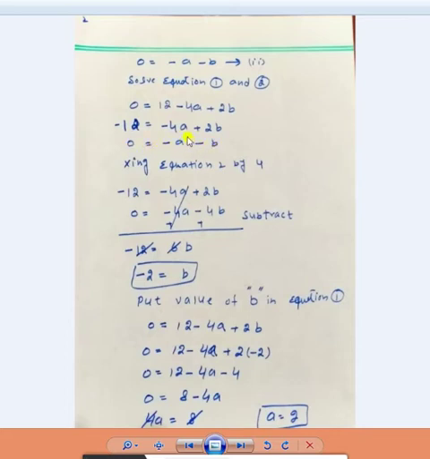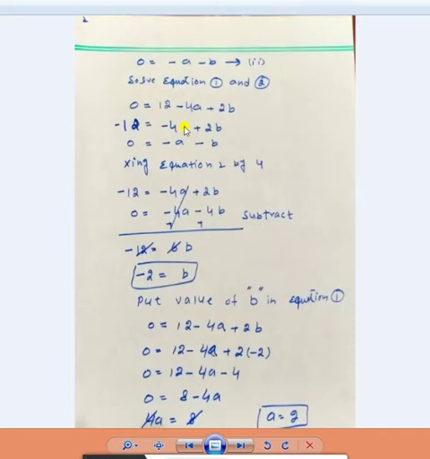So students, to solve simultaneous linear equations, we multiply this equation 2 by 4, because we need equal coefficients of a.